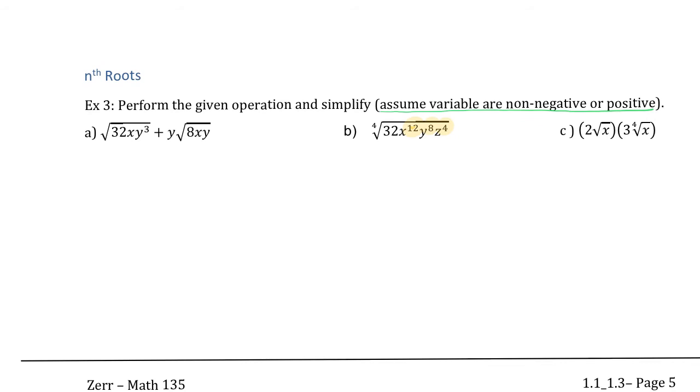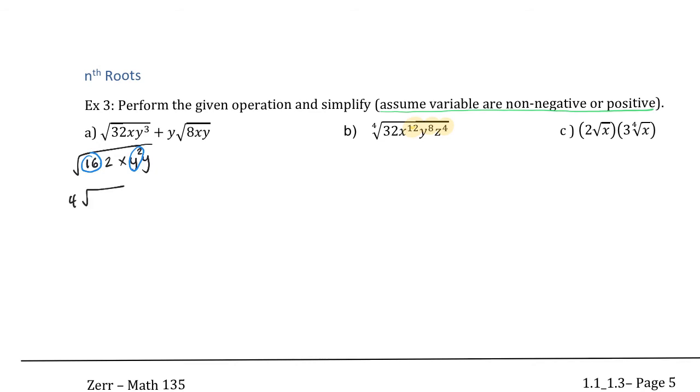Okay, so here we go. Let's see. Square root of, so let's see, 32 I'm going to think of as 16 times 2 x, and then y cubed, if I rewrite that as y squared times y, then we can take the square root of 16. We can take the square root of y squared.